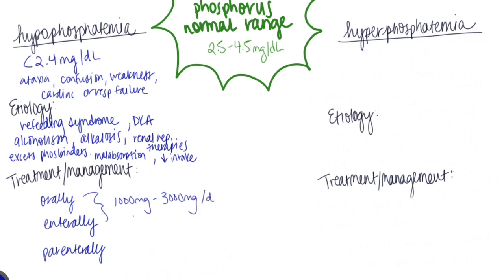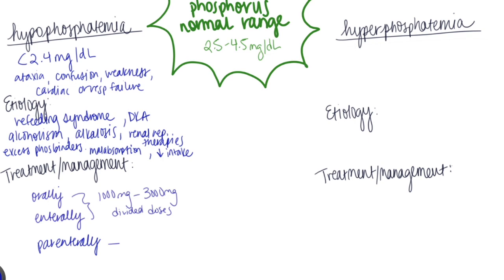This is typically given also in divided doses. So as you can probably guess, people with less severe hypophosphatemia are going to be closer to that 1,000 milligrams or 1 gram marker, and then people with a more severe hypophosphatemia are going to get up closer to that 3 grams or 3,000 milligrams throughout the day.